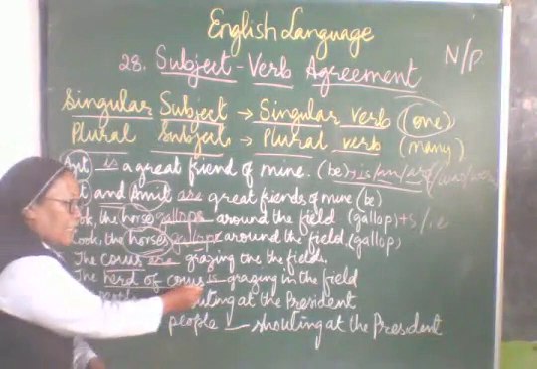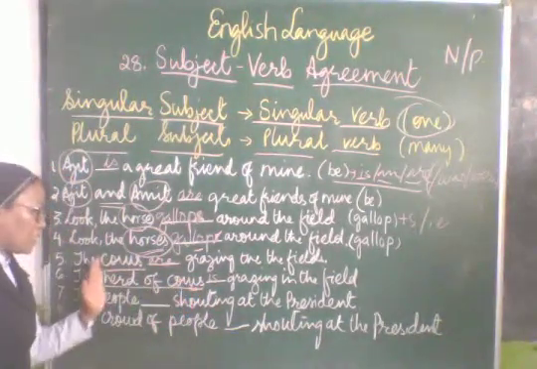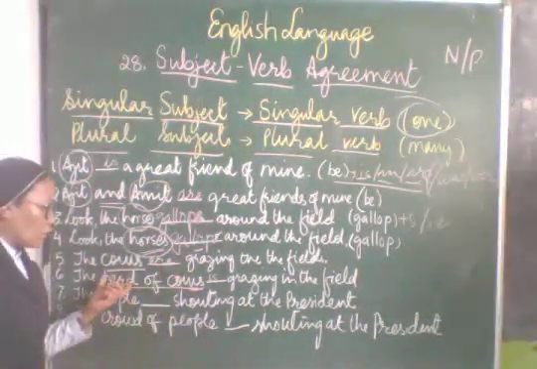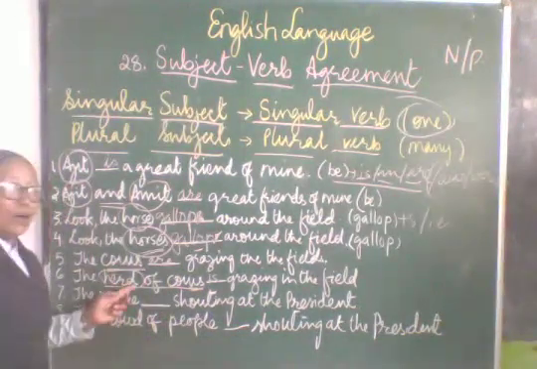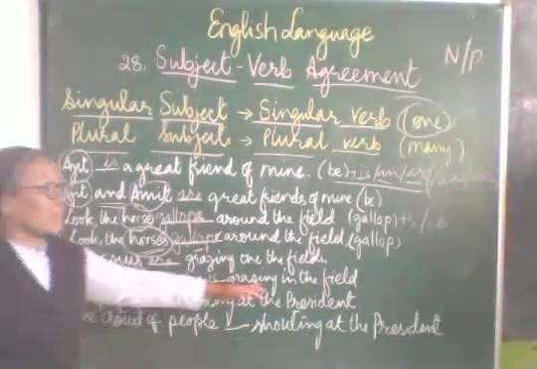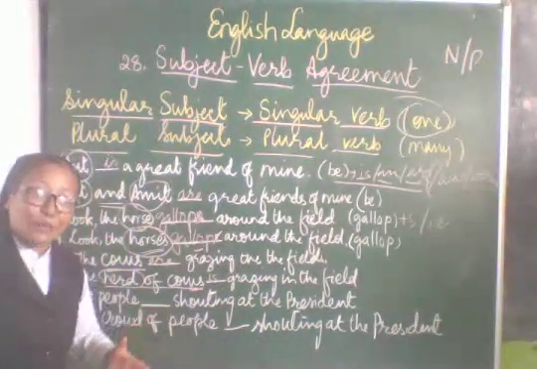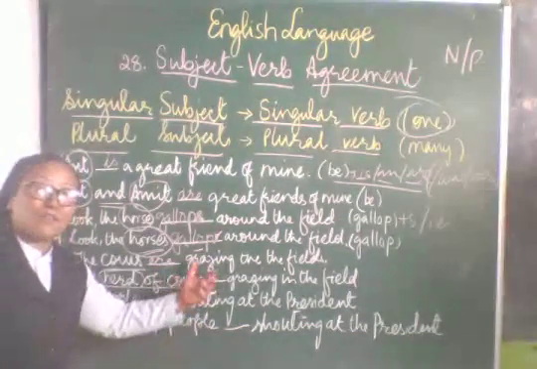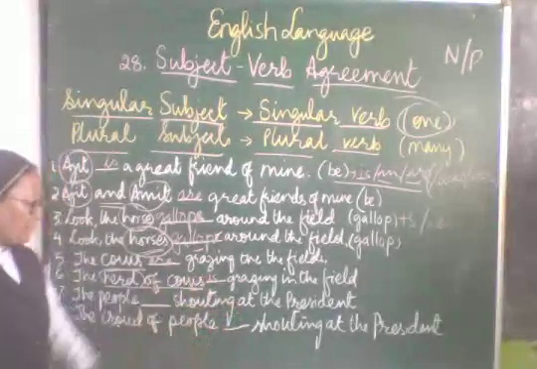Though you can see cows here as plural, it is mentioned as a group, herd of cows. Can you see this collective noun here? Is grazing in the field. Remember that: whenever there is a collective noun, it will take a singular verb. So, is.